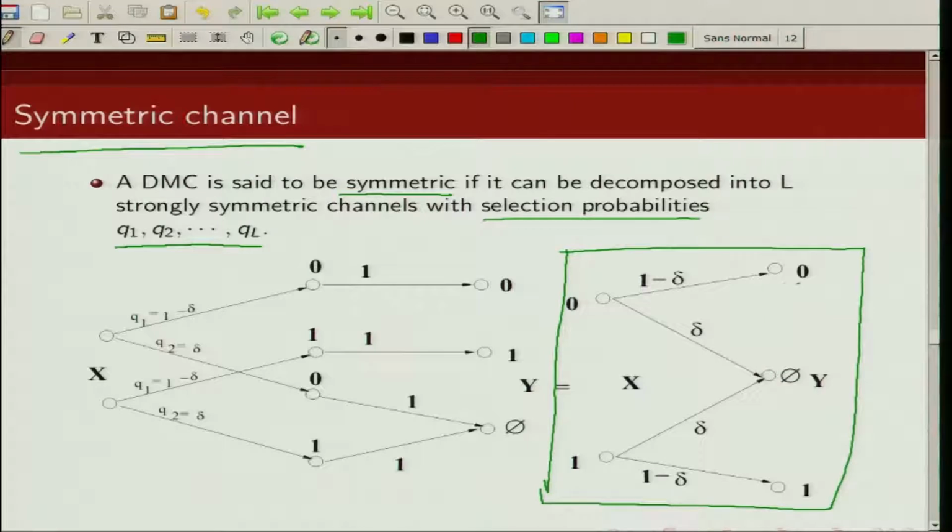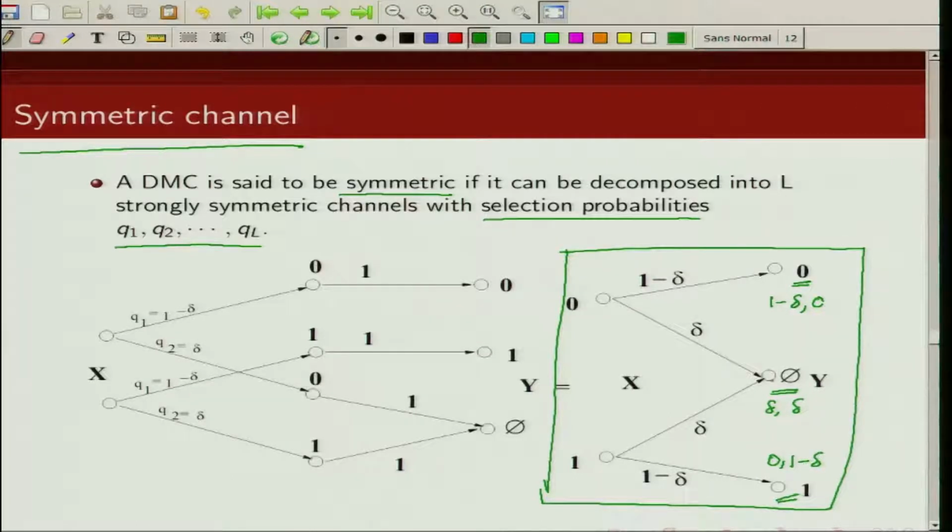You can see if I consider this output, my probabilities are 1 minus delta, 0, 0, and if I consider this particular output, my probabilities are delta, delta, and if I consider this output, my transition probabilities are 0 and 1 minus delta.